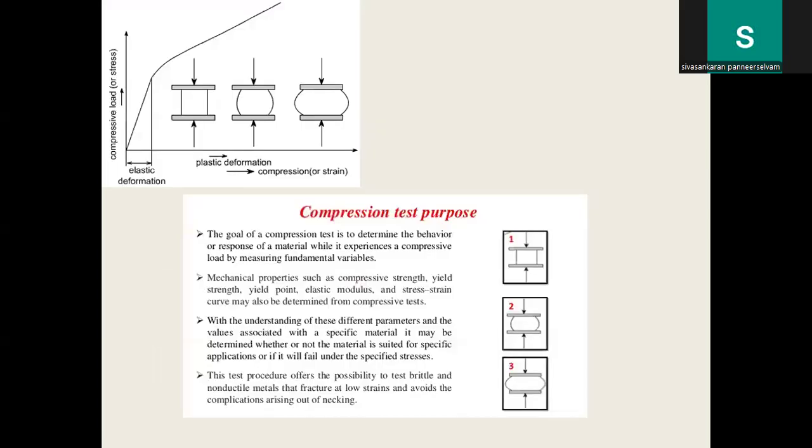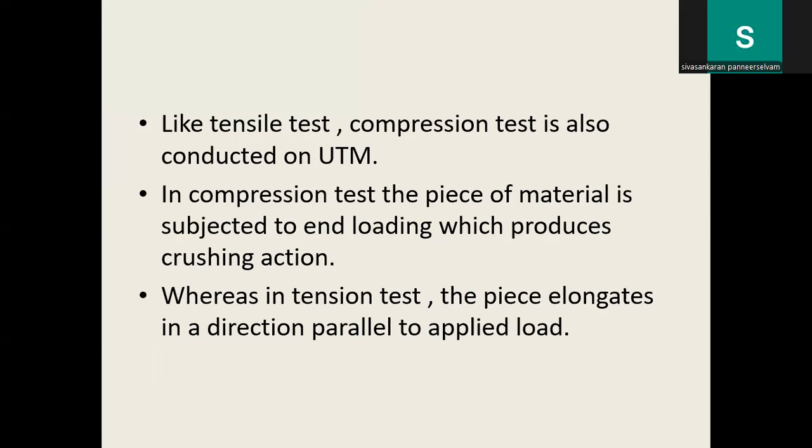You can see here from this picture, both ends of the specimen are subject to end-to-end loading condition. As a result, the edge of the specimen experiences the crushing stress due to compression. Whereas in the tensile test, the specimen elongates in the direction parallel along the axis of the applied load.